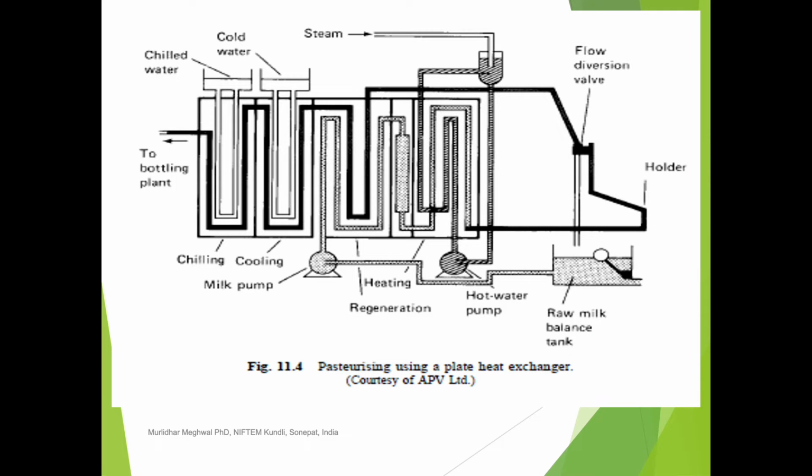In this diagram, it is showing pasteurizing using a plate heat exchanger. So we have raw milk, the balance tank, then the hot water pump. From the balance tank, milk is taken via the milk pump to the regeneration section, then to the heating section.